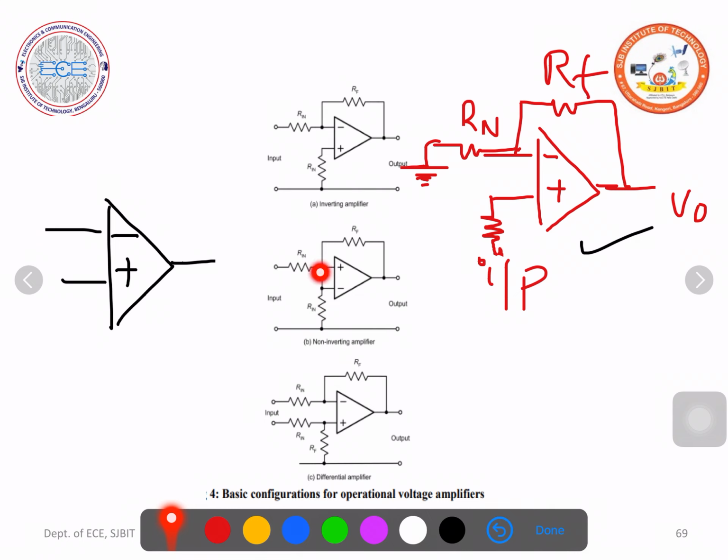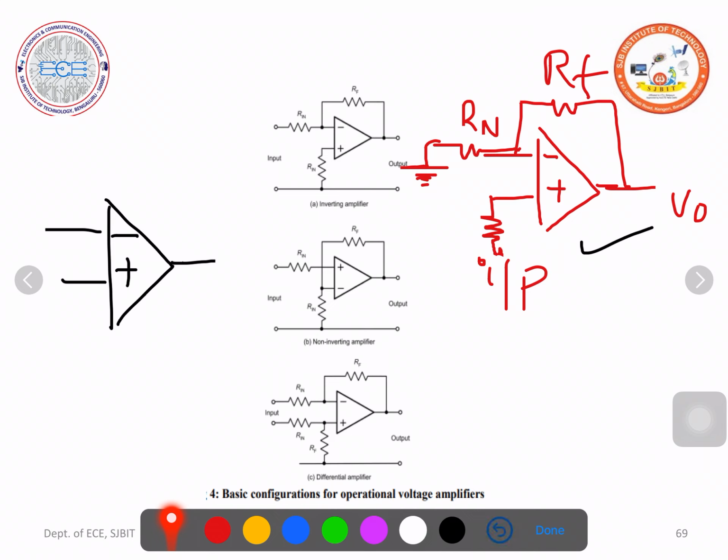Here you can observe there is no dot, which means there is no connection. Where there is a dot, there is a node, a junction, then there is a connection. So Rn is connected to the inverting terminal. Rn is not connected to the non-inverting terminal. So there is no connection here. Otherwise you follow this circuit.